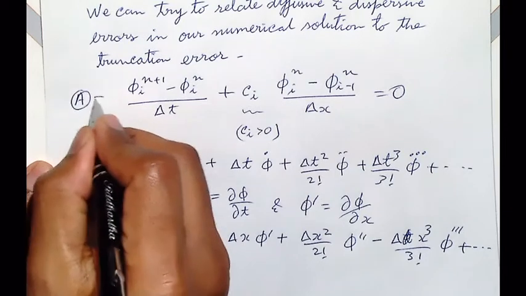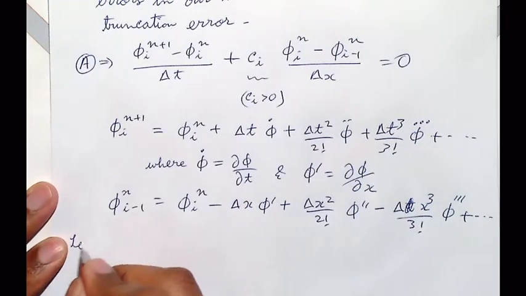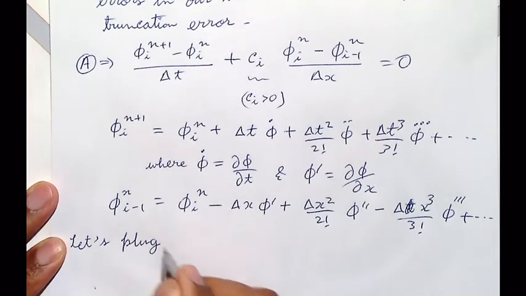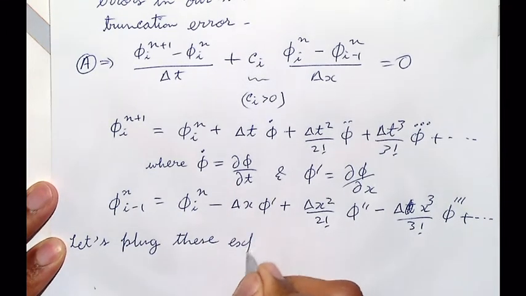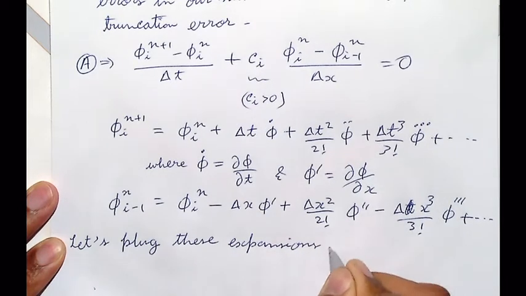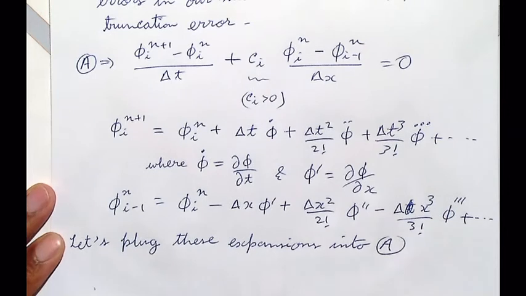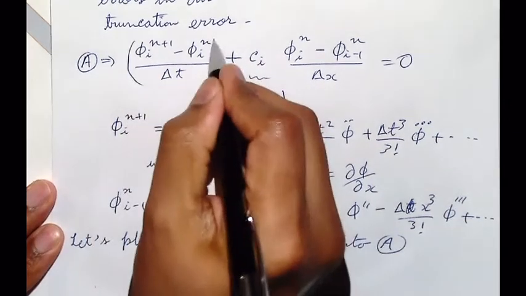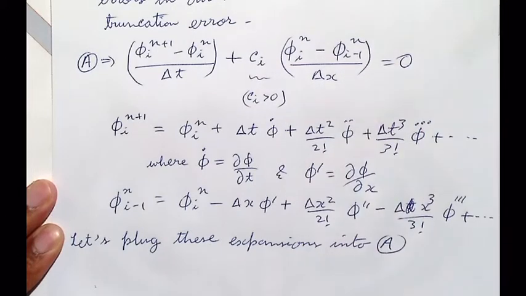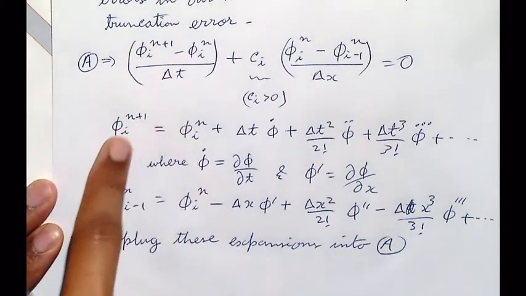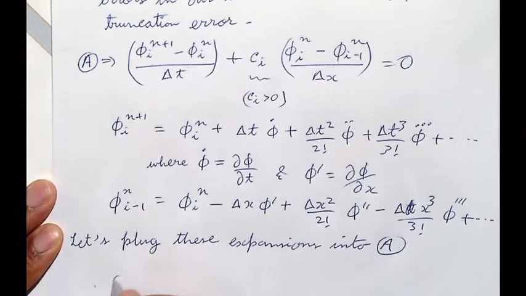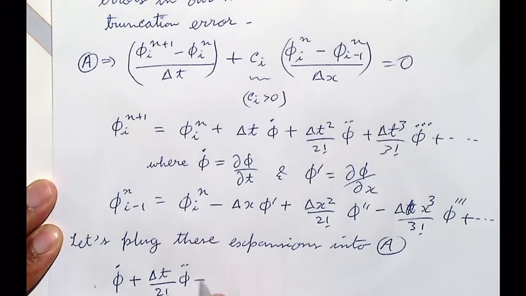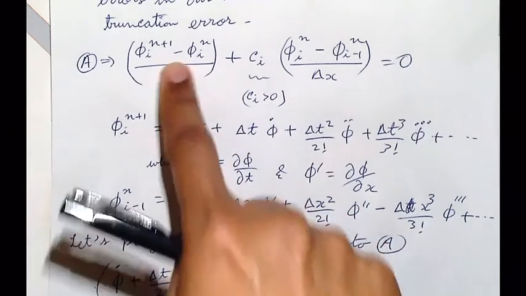So let's call this A. When we plug these expansions into A, phi_i^(n+1) minus phi_i^n divided by delta t is just phi dot plus delta t over 2 factorial phi double dot plus phi triple dot and higher order terms.